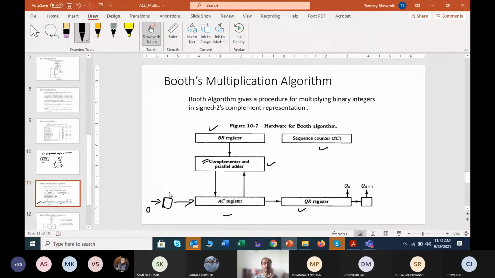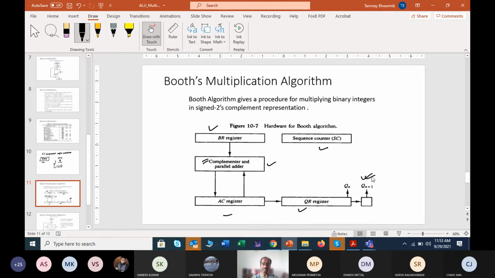In this mode, the operations were performed. Now we are not using any input carry here because you are not always performing the addition, right? You may add, you may subtract. But instead of using this input carry, we are using another extra bit, that is Qn+1, one step advance to the least significant bit position.